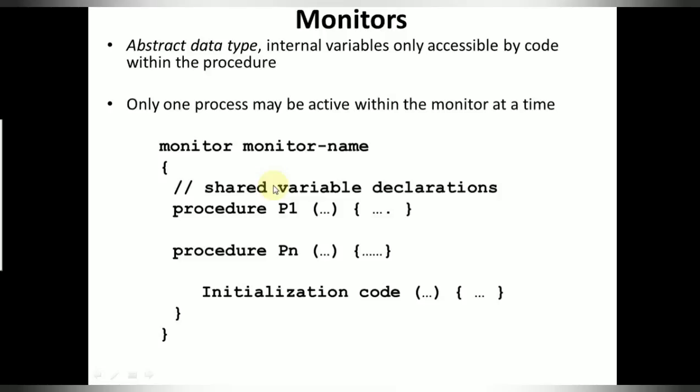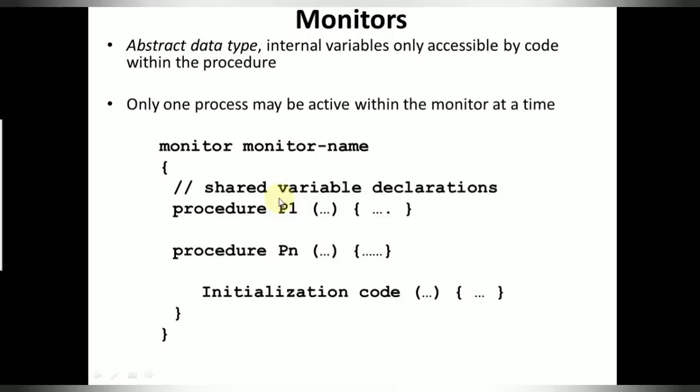Now, these procedures defined within the monitor can access only those variables that are locally declared within the monitor and its formal parameters. And the local variables of the monitor can be accessed only by those local procedures as well.